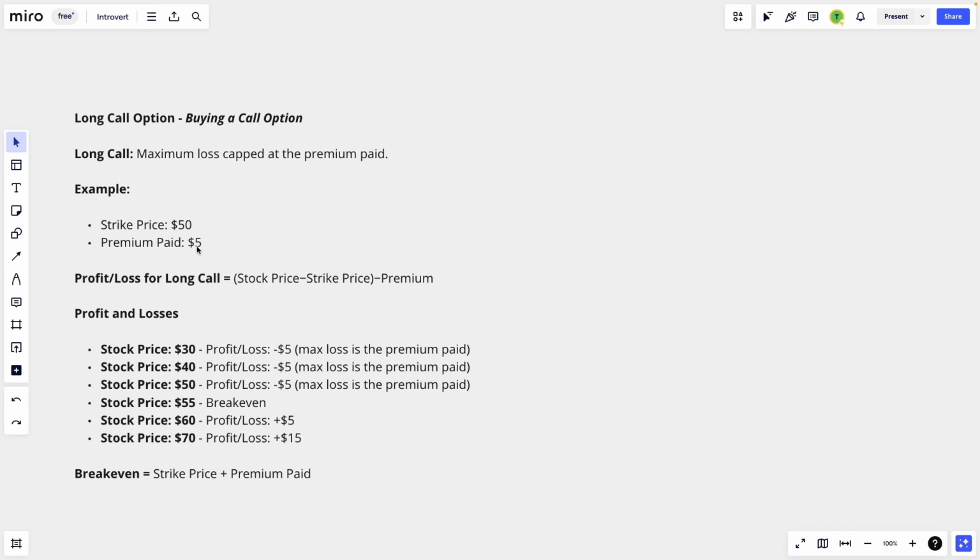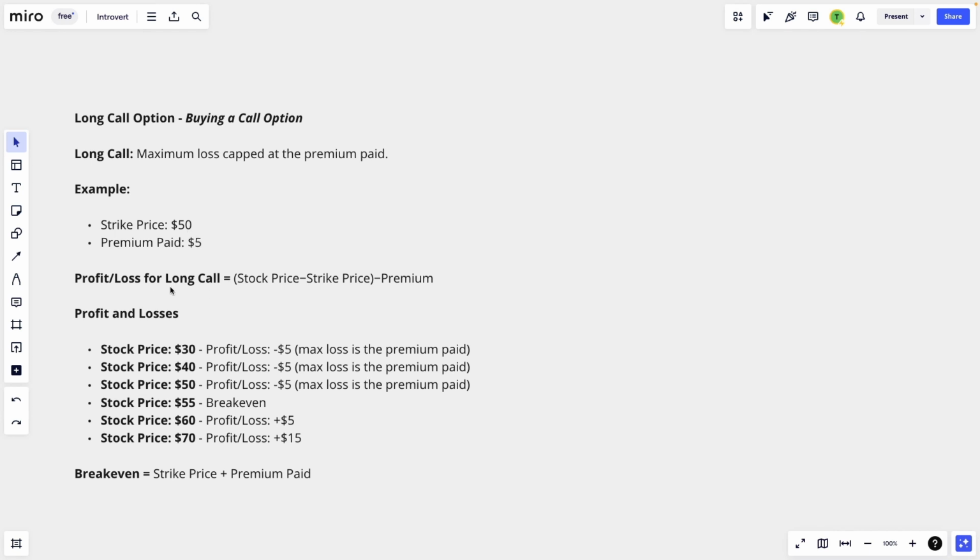So really, this would cost you $500. But we're just going to focus on the $5 premium for this example with the profit and loss diagram. Okay, so that's the example. We have a strike price of 50 and we've paid $5. So we paid $5 for this option to have the right to buy the stock at $50.